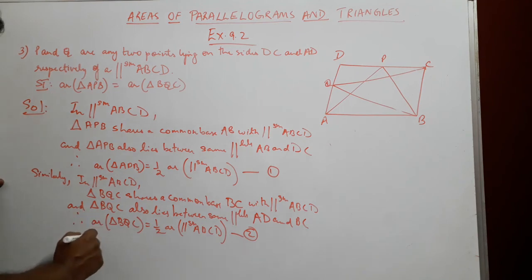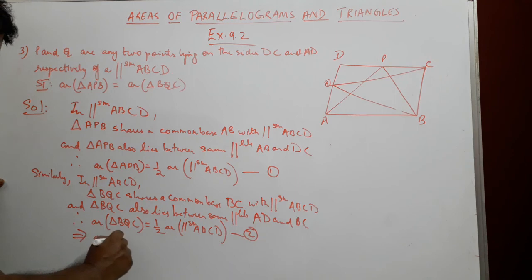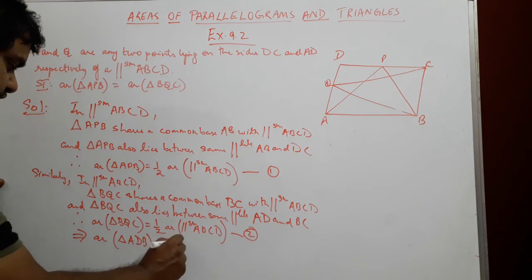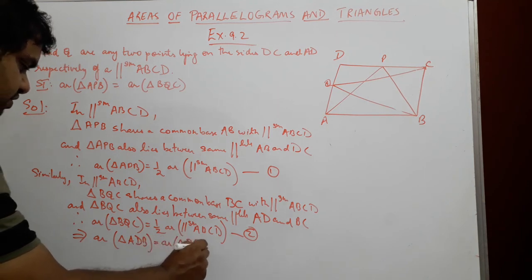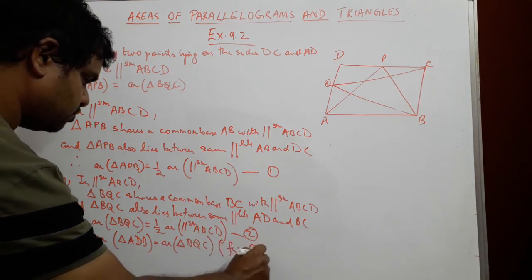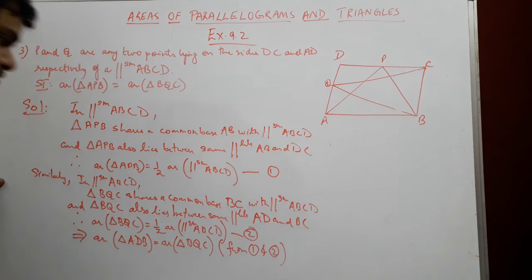So we say this implies area of triangle APB is equal to area of triangle BQC, and here you can say in brackets from 1 and 2, and that solves this problem.